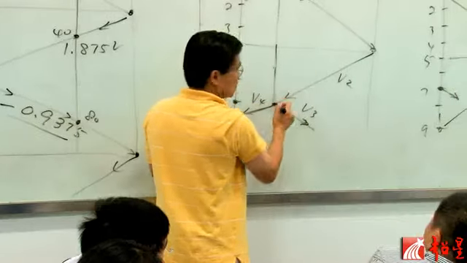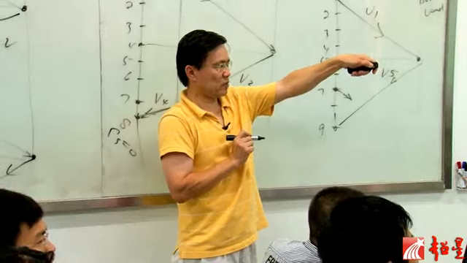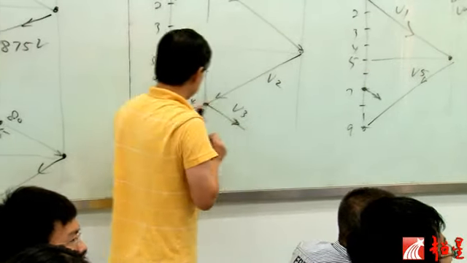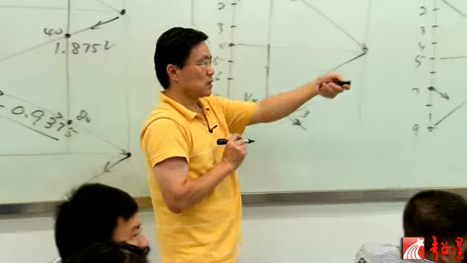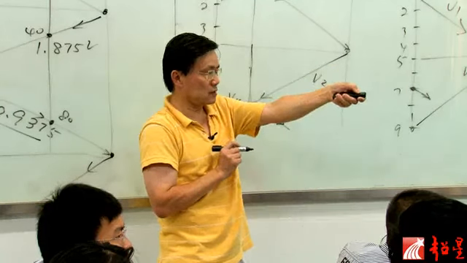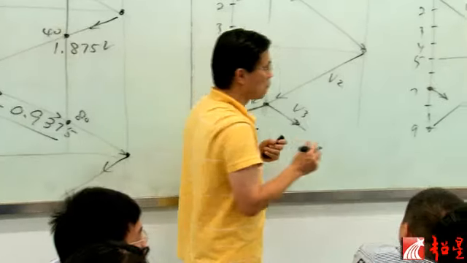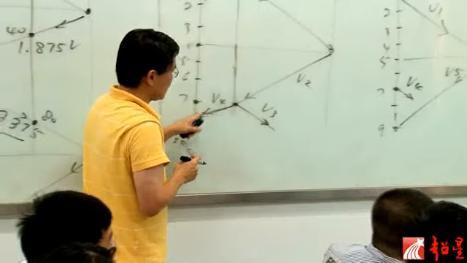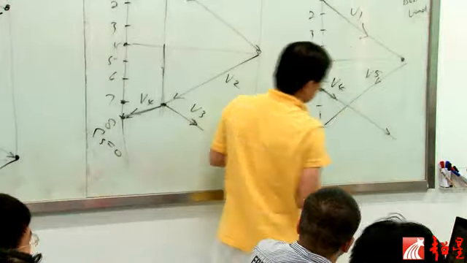V3 is a reflection that reflects back to this line, right? And V4 is a forward-going voltage that's going to go into this line and this line at the same time, right? So it's V4. This V4 is going to travel down to that line.